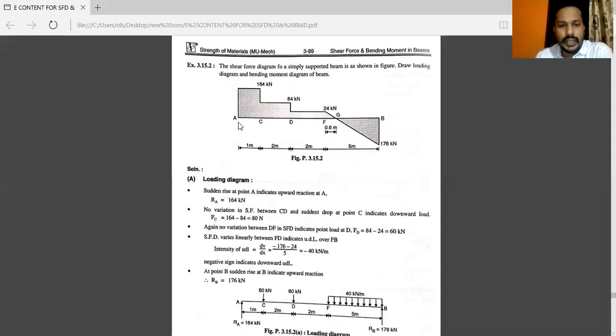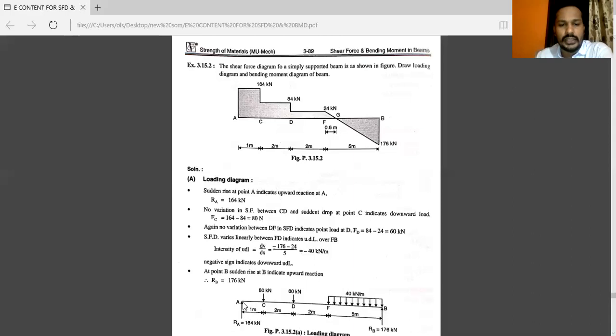At point A, first of all draw one horizontal line, that is the baseline, and then you can start. From A, it is a positive sign, so upward, it is 164 kilonewton. The sudden rise at point A indicates an upward reaction at A. So reaction RA is 164 kilonewton.